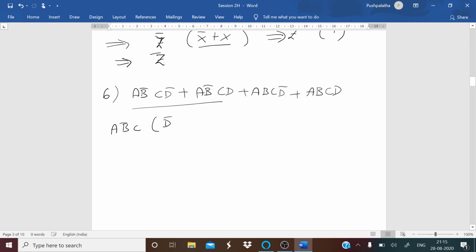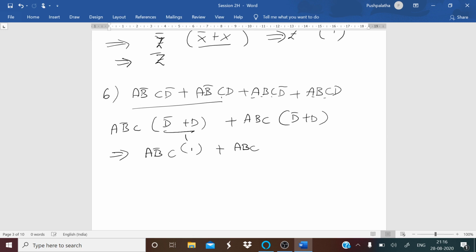What remains? d bar plus d. And what is common here? a b c, d bar plus d. So this becomes a b bar c, d plus d bar becomes 1, plus a b c, d bar plus d becomes 1. So the answer is a b bar c plus a b c.